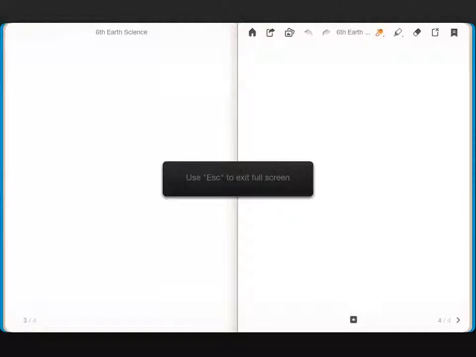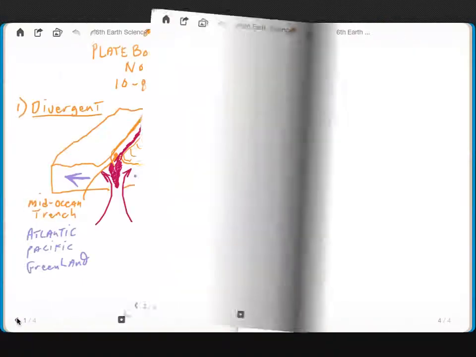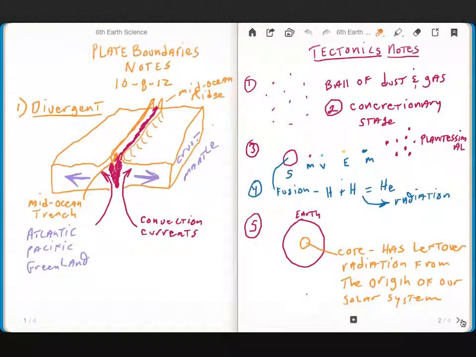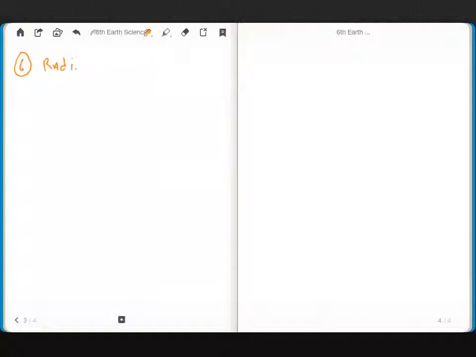let's take a look at this. That leftover radiation has one property that's really important. Katie? What is the Big Bang?